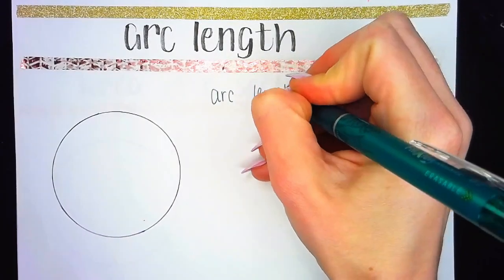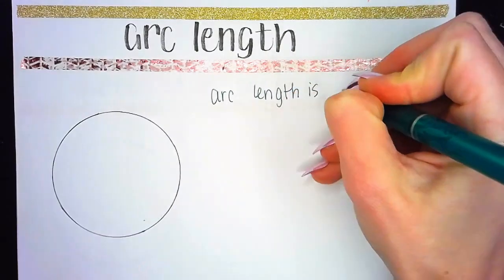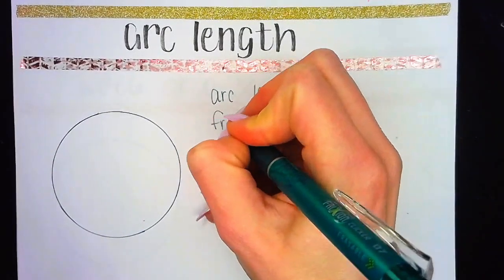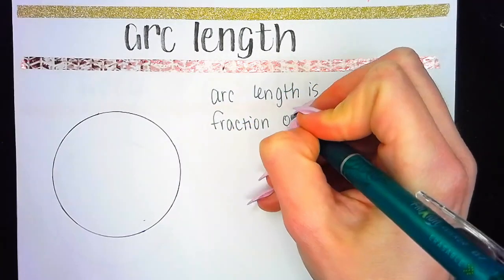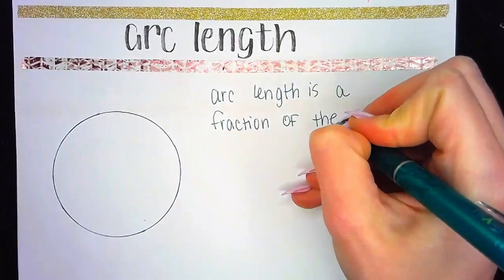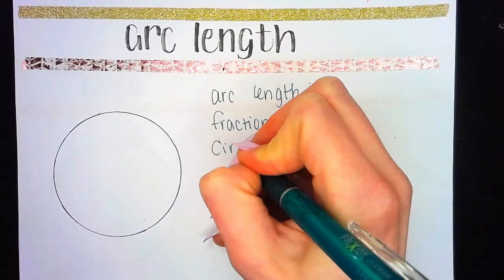Next, we have arc length. Arc length and arc measure, you have to keep these two things separate. Arc length is a fraction of the circumference.